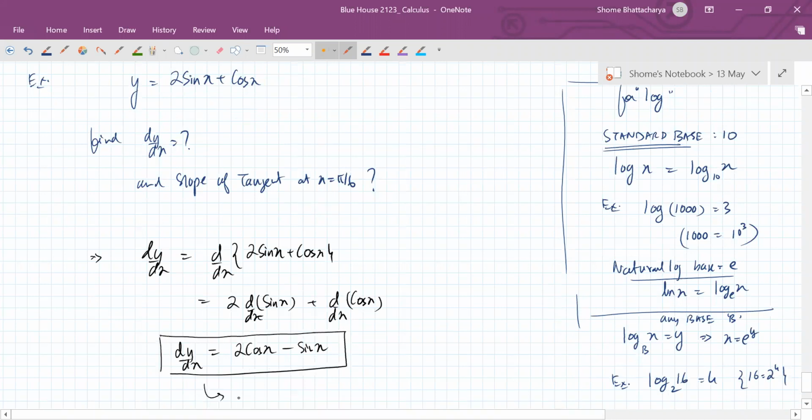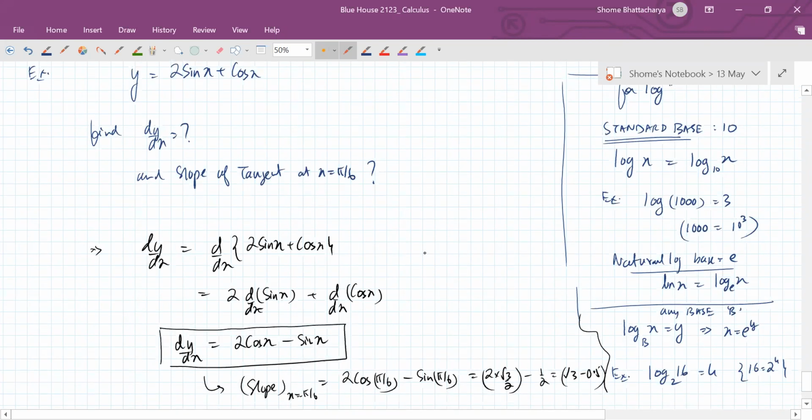Okay. And from this we can see that the slope of the tangent at x equal to pi by 6 will just become the value of this function at pi by 6. So that is 2 cos pi by 6 minus sin pi by 6. That is 2 into root 3 by 2 minus half. So that's root 3 minus 0.5.